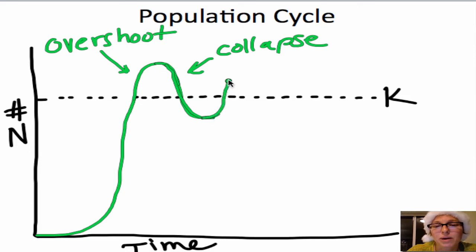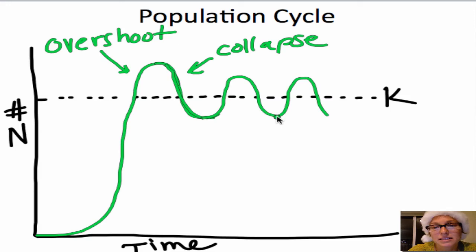And our population goes through this cycle of overshoot and collapse, where we're constantly growing and surpassing that carrying capacity. And because that population cannot be sustained, we have this massive die-off that dips us below the carrying capacity.